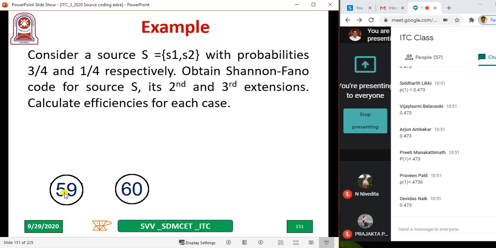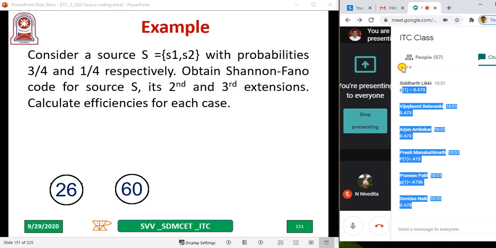Obtain the Shannon-Fano code for source S, its second and third extensions. Calculate efficiencies for each case.